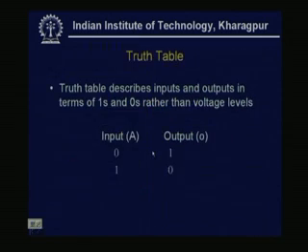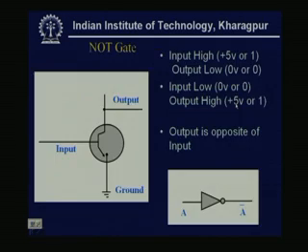Now, another thing is the truth table. So, the truth table describes inputs and outputs in terms of ones and zeros rather than voltage levels. Just now we have seen, for the input I have given a 5 volt power supply. So, this is my voltage level, either plus 5 volt or 0 volt.